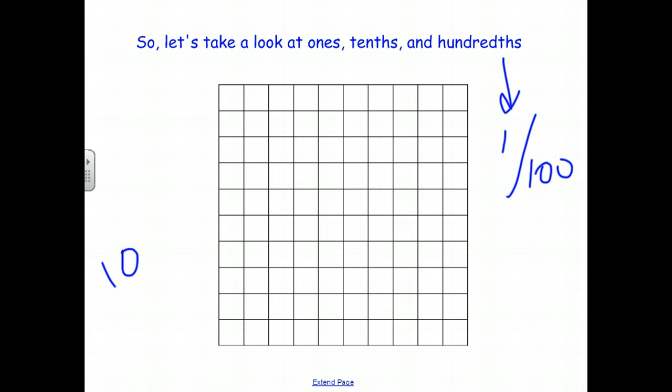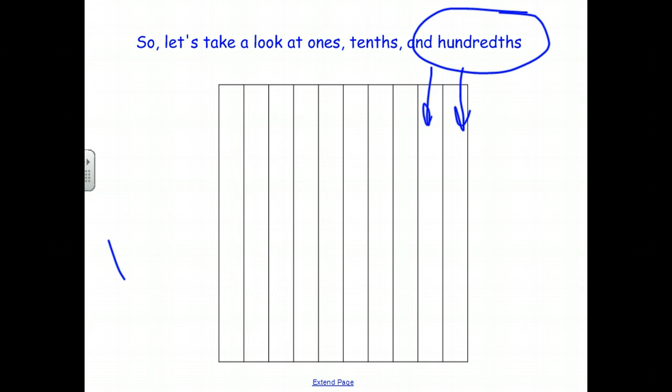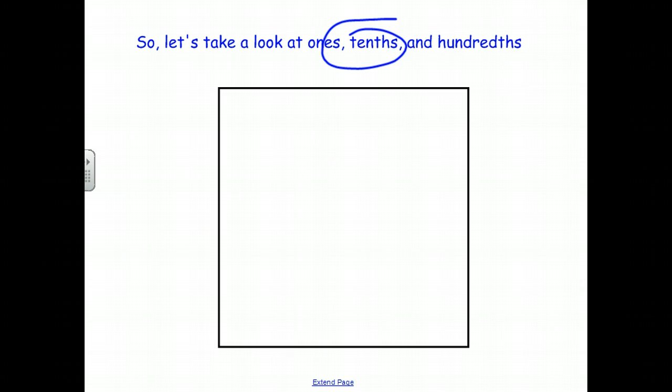And it takes 100 of these hundredths to make a 1, 10 of these tenths to make a 1, and 1 of these ones.